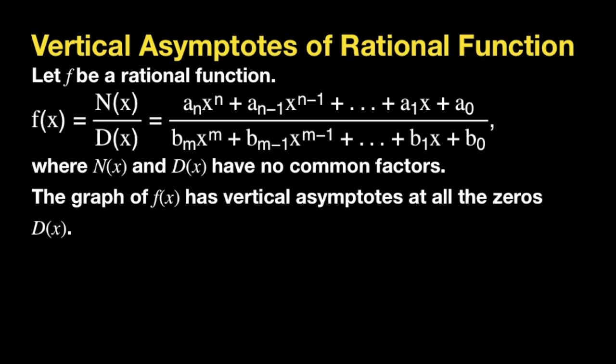When it comes to vertical asymptotes, we're going to say that f is going to be a rational function, and anytime that we have a rational function, we write it like this.